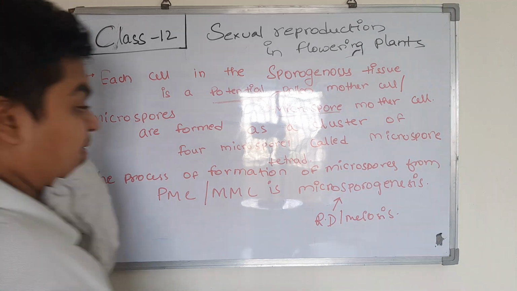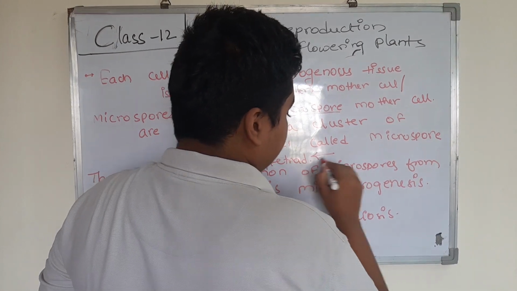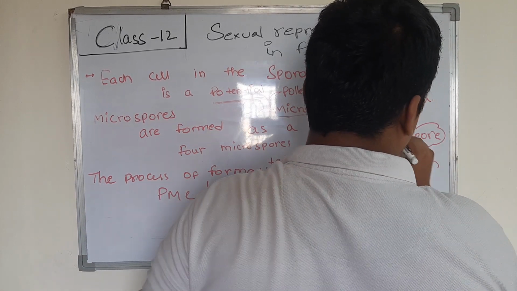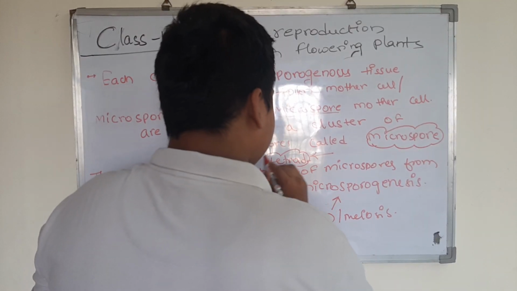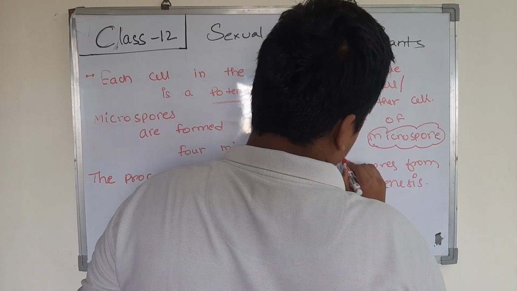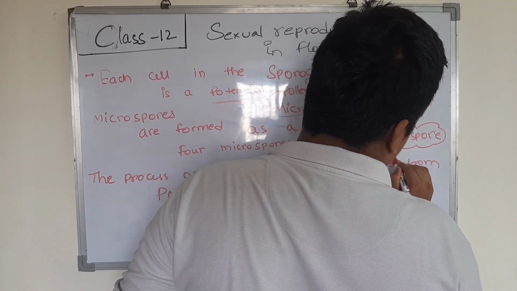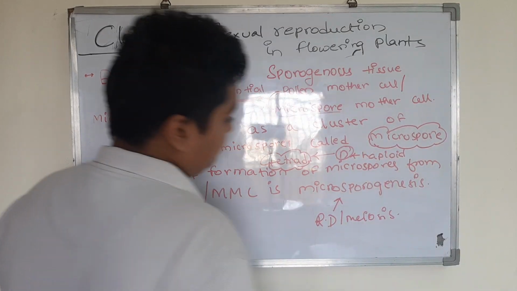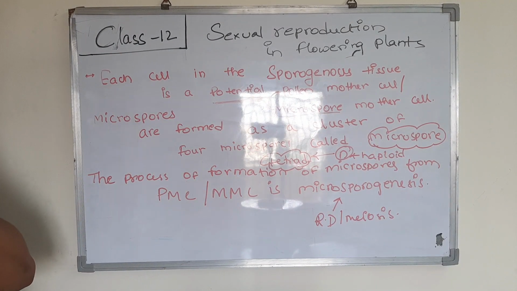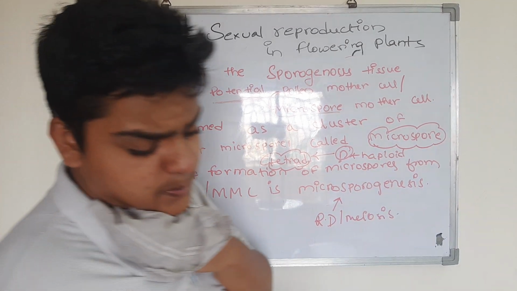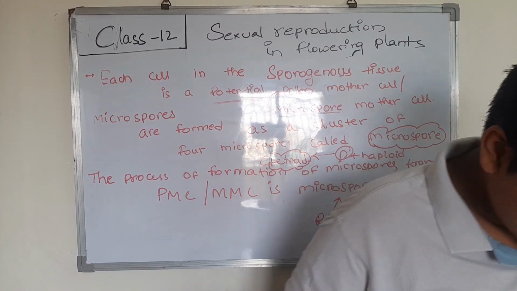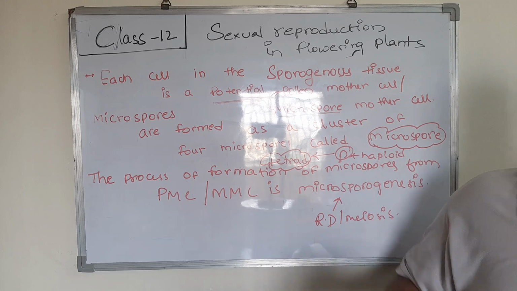A microspore tetrad is haploid. Clear? A microspore tetrad is haploid.